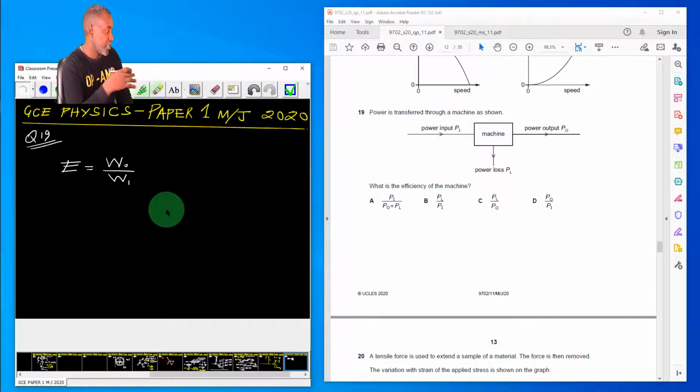Most of the time we would like to say the efficiency of this machine is 80%, 90%. Instead of saying it is 0.9 to represent 90%, we express it as a percentage. But the fact remains that efficiency is the ratio of the output power to the input power.